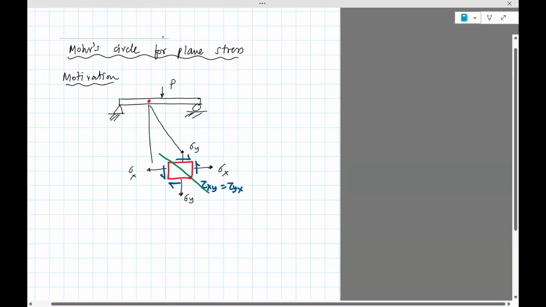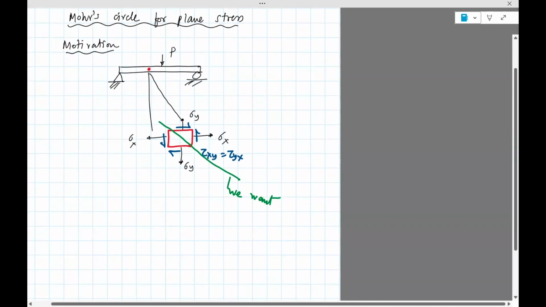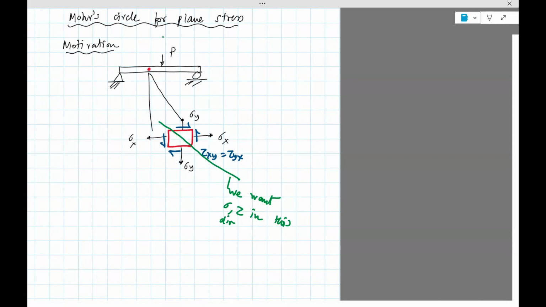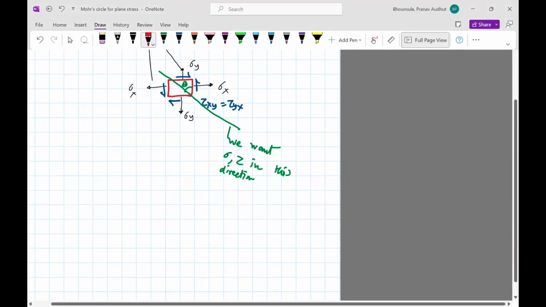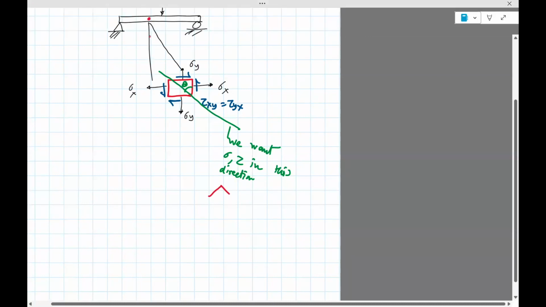So maybe we want sigma and tau in this direction. Okay, so this section makes an angle of theta. In other words, instead of computing it for an element in this fashion, we might be interested in a different kind of section, which has an element this way.